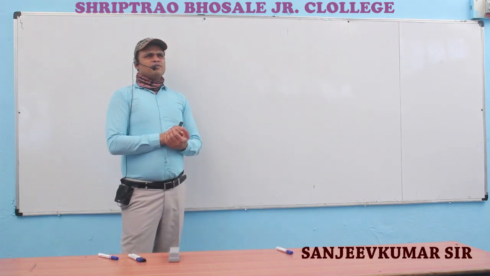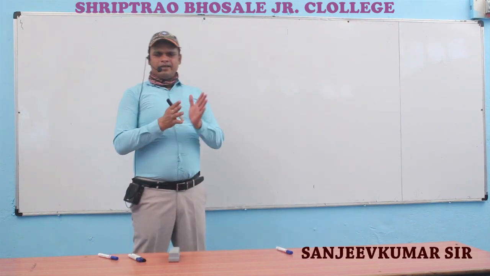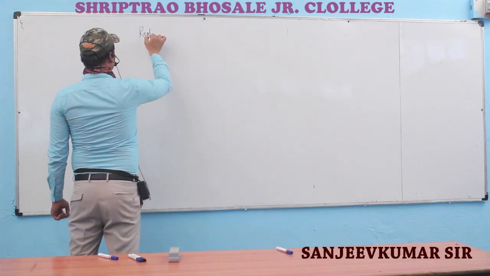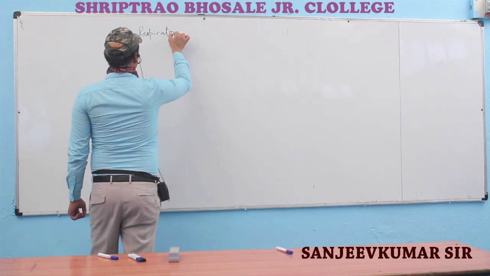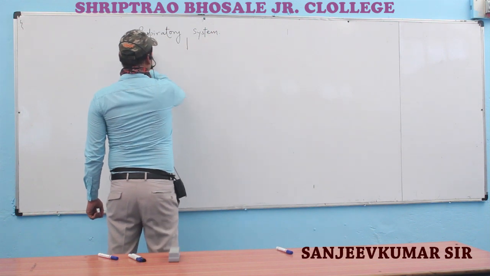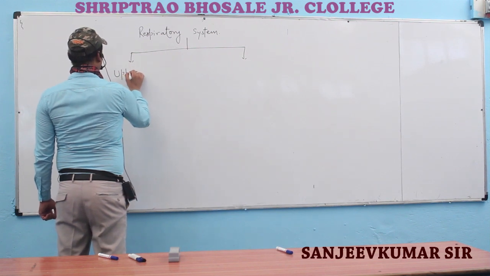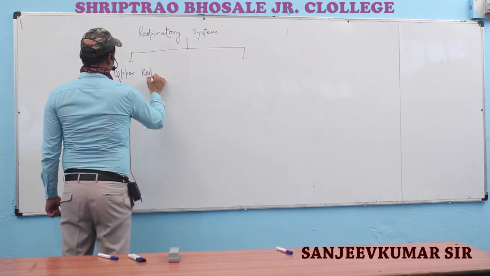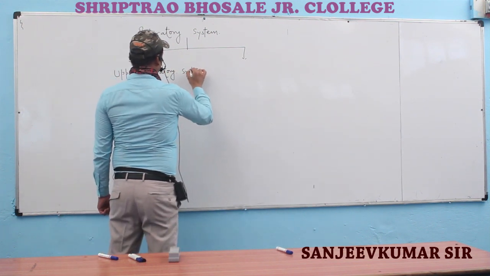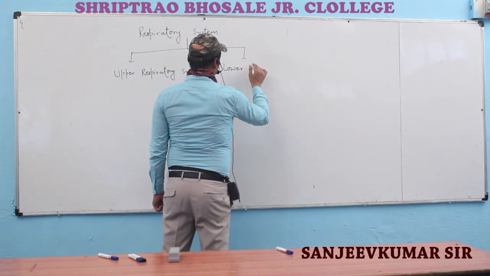The respiratory system is basically divided into two parts: upper respiratory system and lower respiratory system.